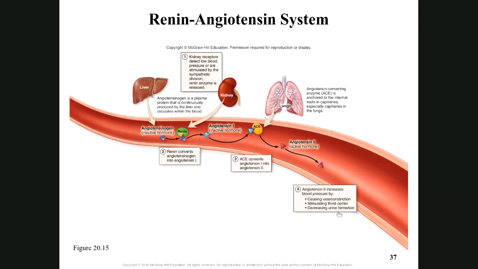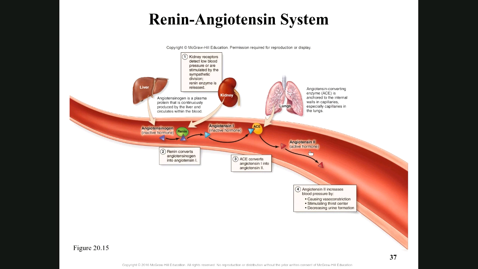So you see that when our blood pressure decreases, we have release of renin from our kidney. The renin works as an enzyme on angiotensinogen of liver, changing it to angiotensin 1. Angiotensin 1 in the bloodstream can get the effect of ACE as the enzyme and change to angiotensin 2. Angiotensin 2 is the active hormone.